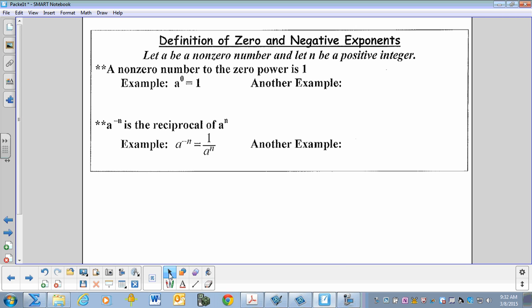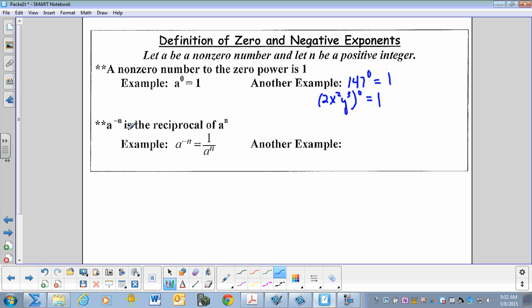Another example of that would be 147 to the 0 power equals 1. 2x squared y to the third, to the 0 power is 1. Anything to the 0 power. Here we have the 0 power here. Everything inside gets multiplied to the 0 power, so it's 1.